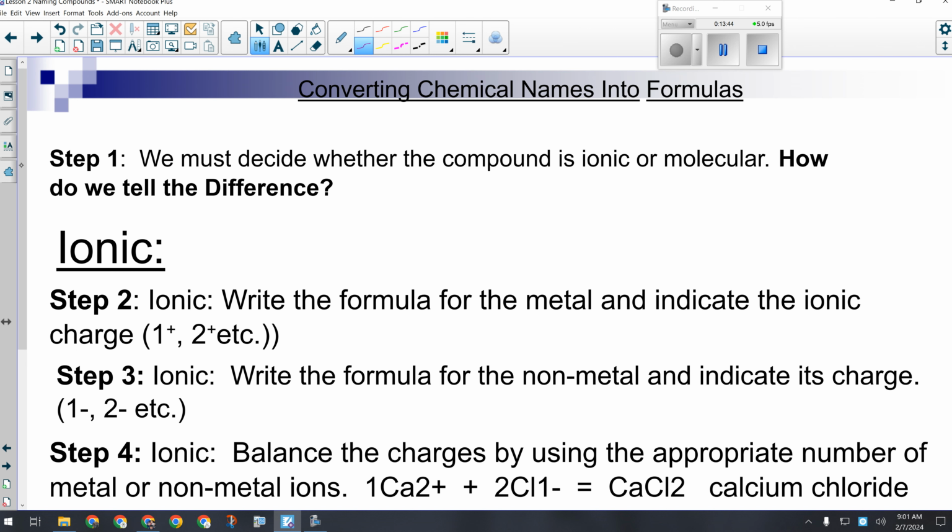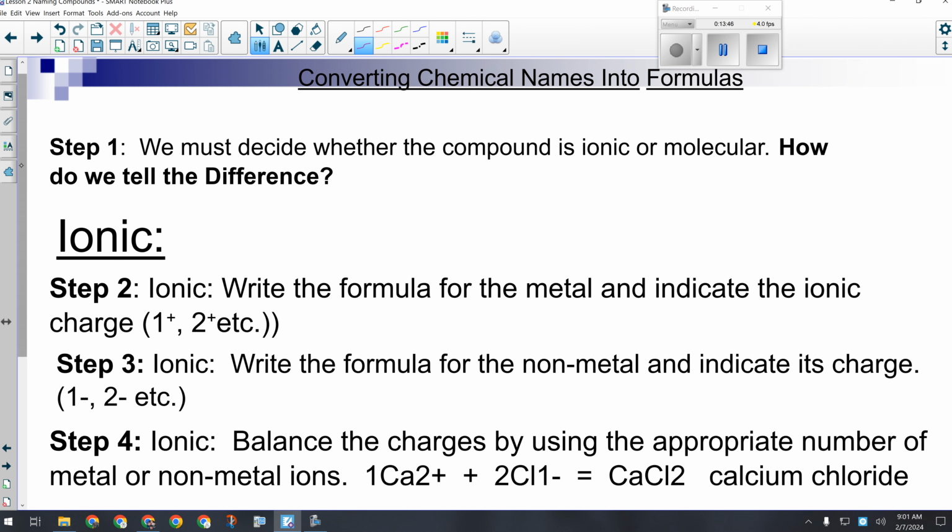Okay, so if I want to convert chemical names into formulas, just like when I was doing naming, I have to identify whether it's ionic or molecular because the rules are different. Okay? If I have an ionic compound, because it starts with a metal or ammonium, okay, I simply write the formula for the metal along with its charge. Where do I get its charge from?